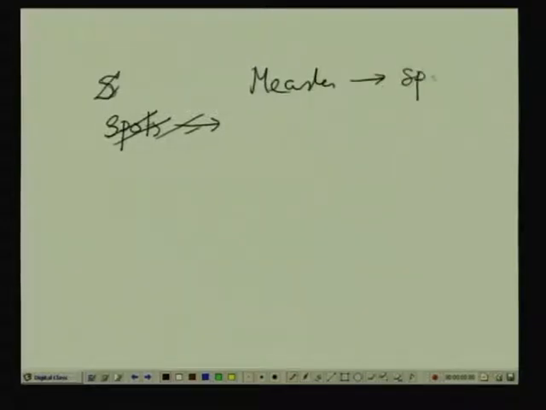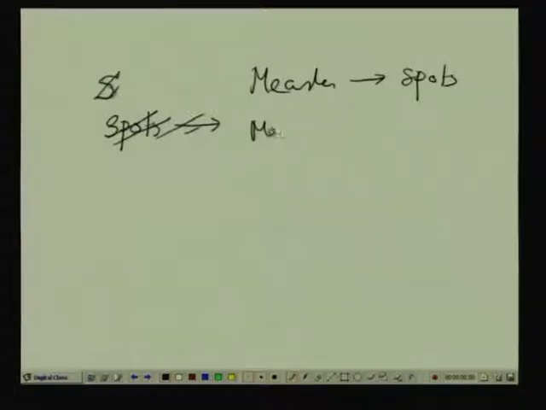I will just do it in this way. If someone has measles, he will have spots.